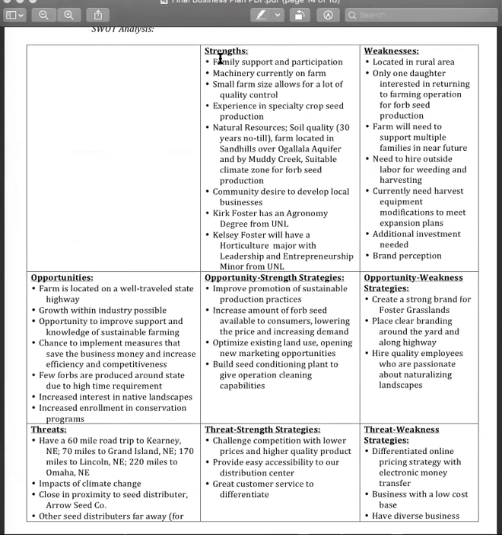So if you see here, I'm sure you've all seen or created a SWOT analysis. So basically, these are the internal portions of your SWOT analysis, the strengths and weaknesses. I've included family support and participation, machinery currently on farm, etc. for my strengths. Weaknesses, we're located in a rural area. There's only one daughter interested in returning to the family operation.